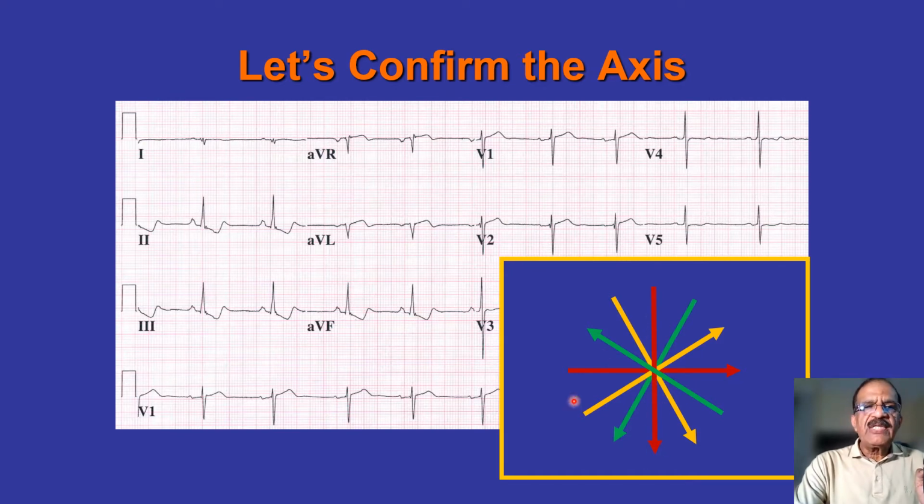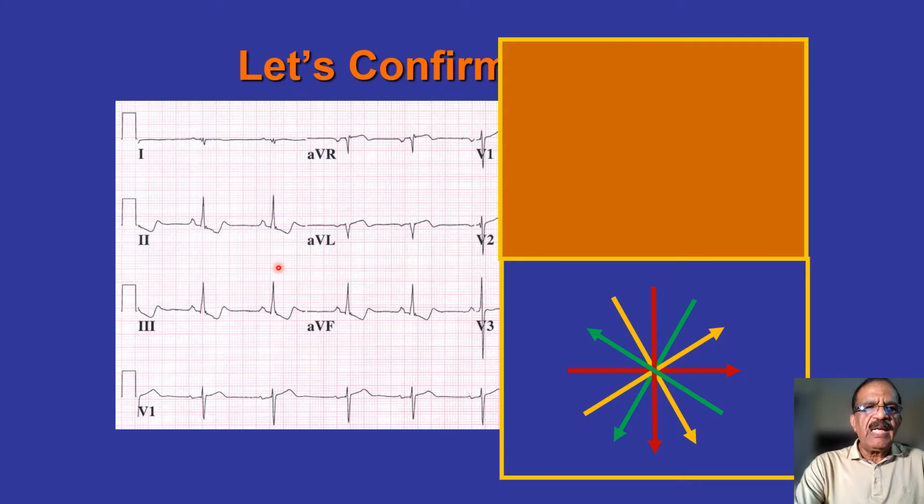Since AVF is positive, it is toward the positive terminal, and you go again to lead 1 and see which deflection is bigger, upward or downward. Downward deflection is bigger, so this 90 degree will be turned toward this. You will add 15 to this 90 degree, and that will make 105.